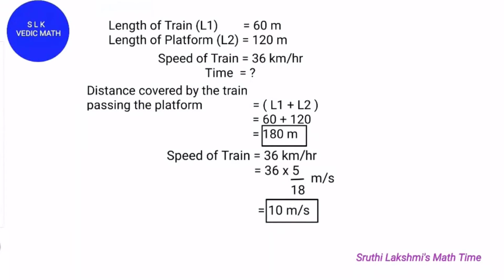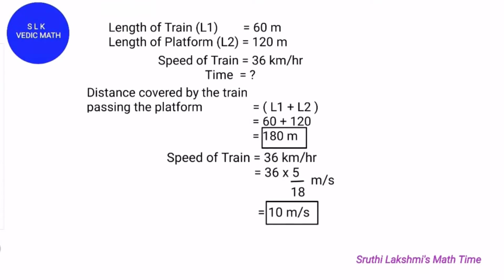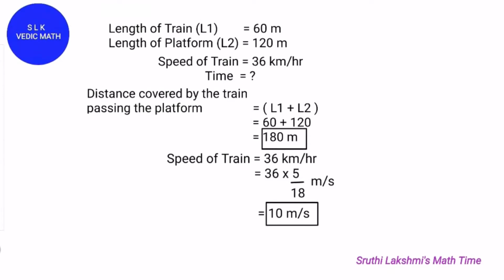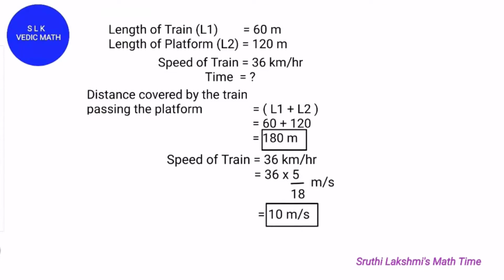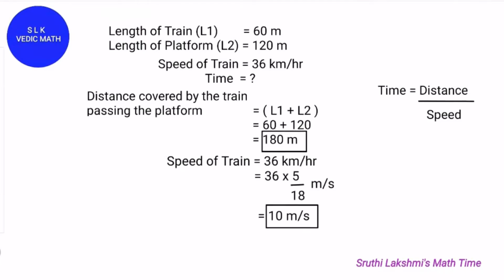We found the distance the train needs to cover is 180 meters. And the speed of the train is 10 meters per second. And now to find the time, it is distance divided by speed.